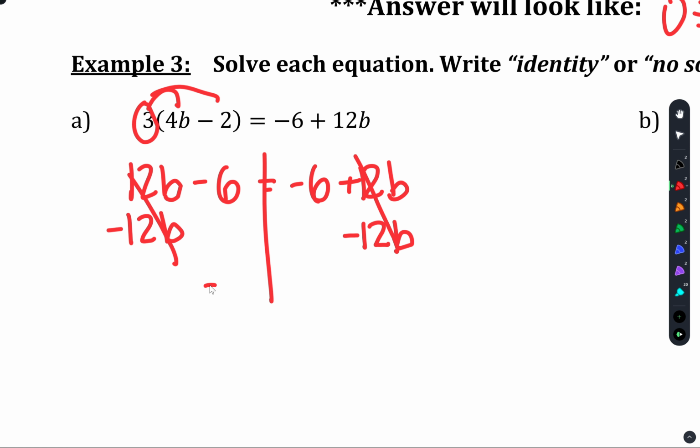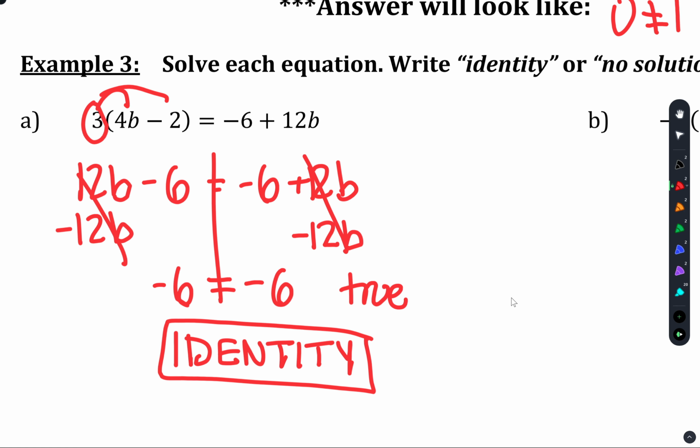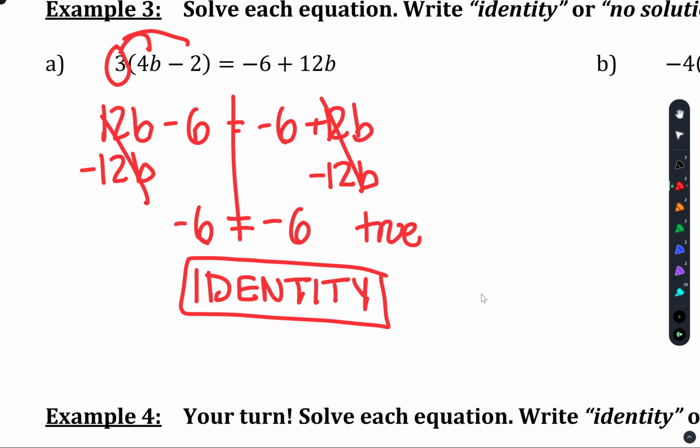All that I'm left with is -6 equals -6. Is that a true or a false statement? True. So when I get a true statement, like -6 equals -6, my answer is either identity, which is perfectly fine on its own. That's what it's telling me to write. Or if you wanted to write infinitely many solutions, I would take that too.